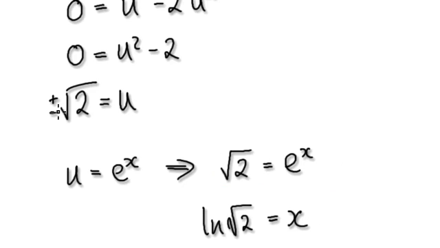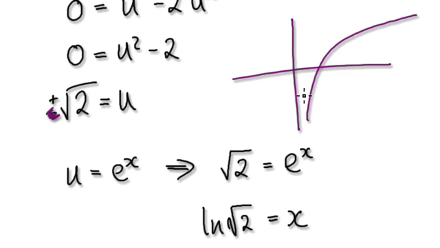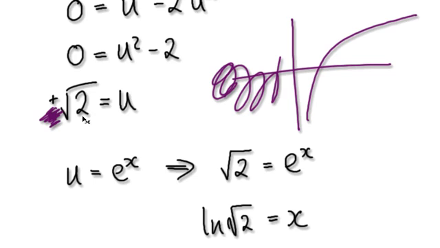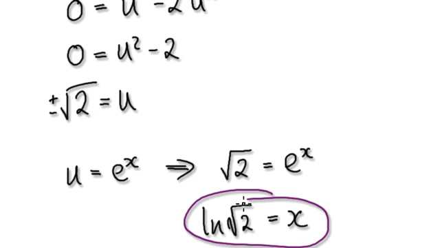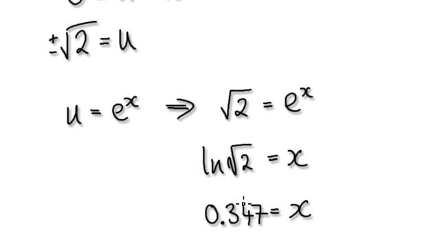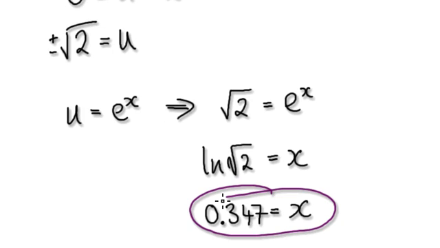Remember that we discard the negative version, because if you look at this here, if you take the natural log, well, then we're going to discard the negative version. That will then give us this, and this translates to roughly this.